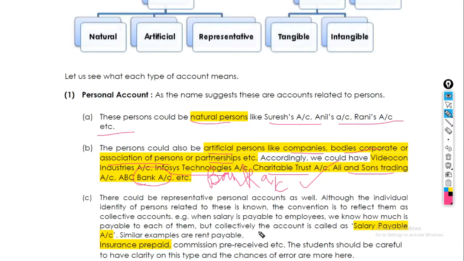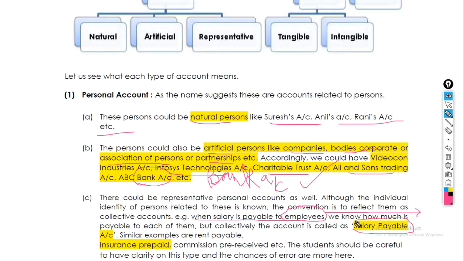And the third one right here shows that if we have a group company, and salary is payable to many employees, like Facebook has employees in lakhs, then we will not be crediting salary in everyone's name account.